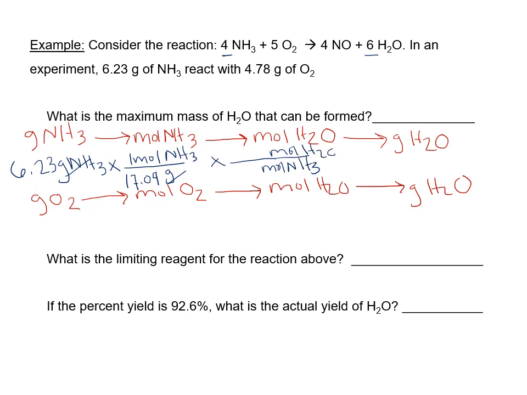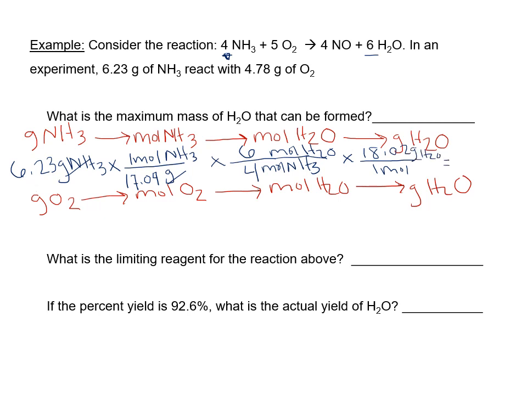From the balanced equation, we can see that every 6 moles of water gives us 4 moles of NH3, right? 4 up here and 6 here. And then I convert this into grams using the molar mass of water. Each 1 mole of water has a mass of 18.02 grams.